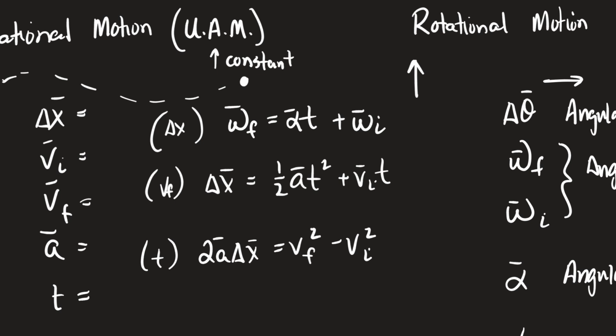Do you see what's going to happen? You'll have a set of equations for translational motion, and you'll have a set of equations for rotational motion. So I don't think I should have to do this. I'll do the next one just for funsies, though. Where I see x, I'm going to put theta. Where I see a, I'm going to put alpha.